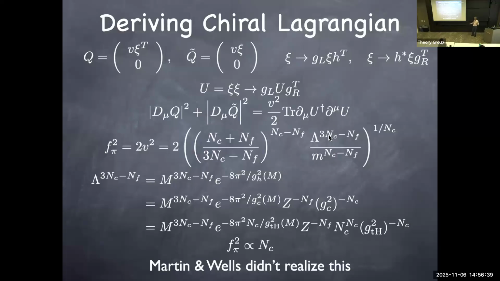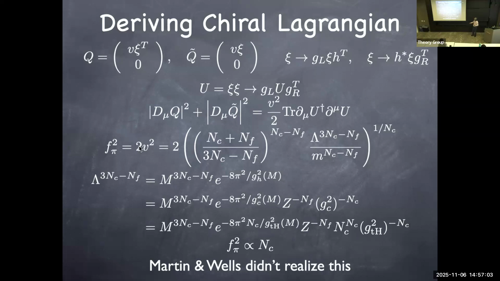That conclusion is wrong. Because as I told you already, when you go to canonical normalization of fields, you have to include these anomalous Jacobians in the definition of the gauge coupling constant. And if you do that job a little bit more carefully, the dynamical scale that appears here ends up picking up the factor of N_C by rewriting it in terms of the 't Hooft coupling.